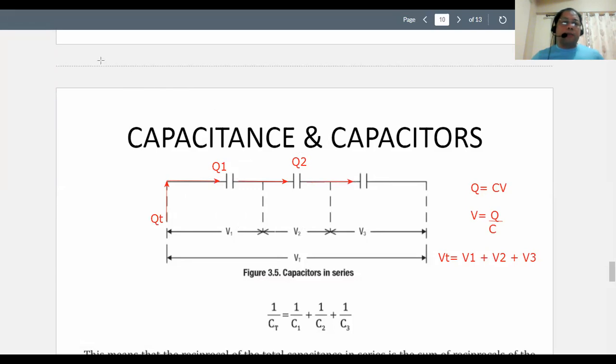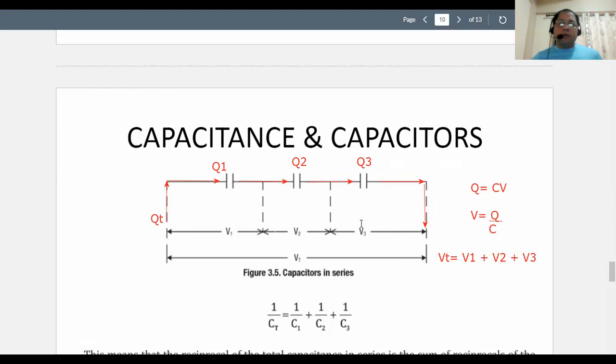The charges are simply passed on from one point to another without changing, because the charge simply gets in and out of the capacitor. Once it gets out of capacitor 3, it goes back to the battery, and Q sub 3 eventually becomes Q total. So our charge here is never reduced.